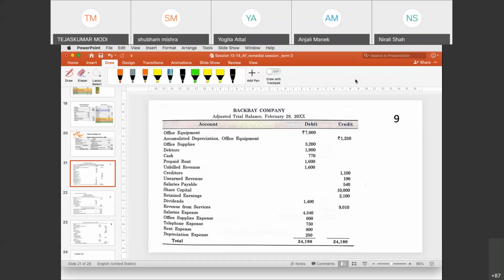Nirali Shah, you are also. No, you participated today. Amol Sodani, are you participating, Amol? You are following, na? Aniket Jain, are you there? Yes, you are there. Wonderful.